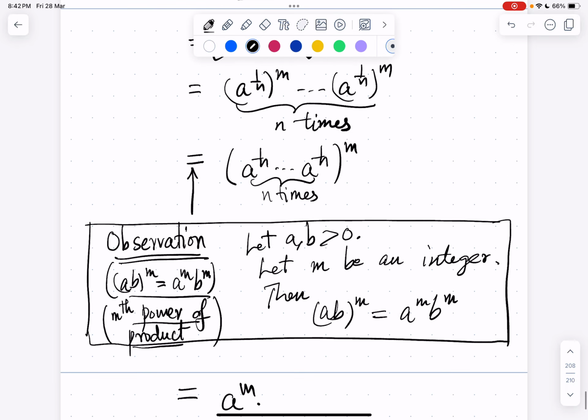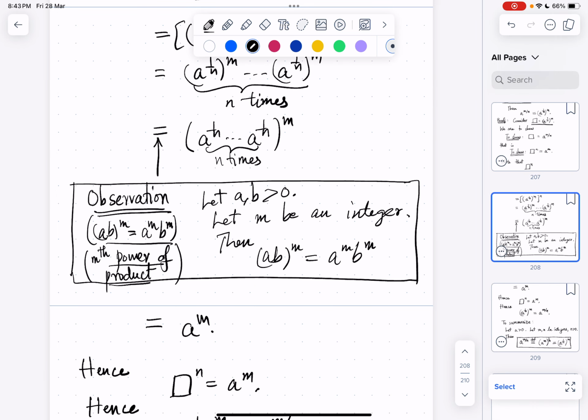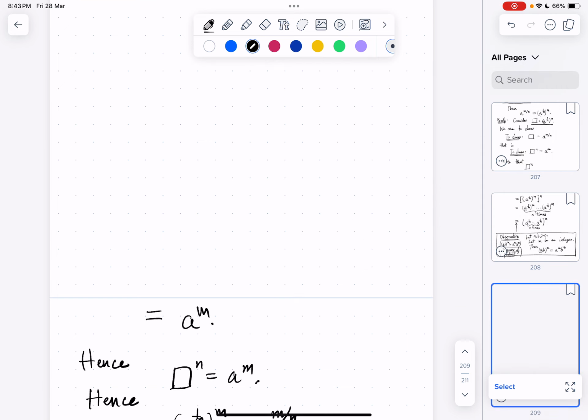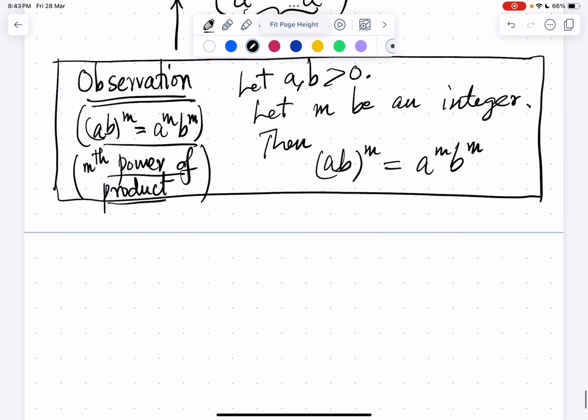How do I insert a page? Yeah, maybe add page. Yeah. So here we can add a proof of the observation. When you take integer powers of a product, (ab)^m is a^m times b^m. So we can add a proof of the observation.